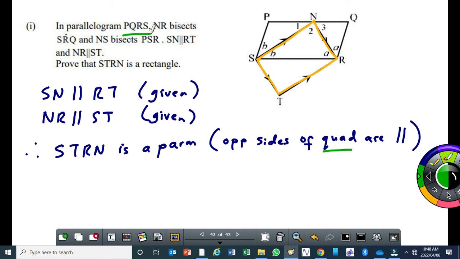It's a parallelogram. So if I add this angle here and that angle, I'll get what? 180.